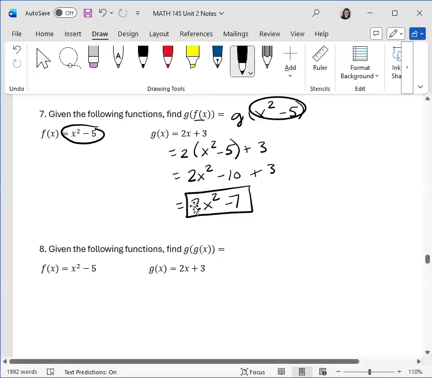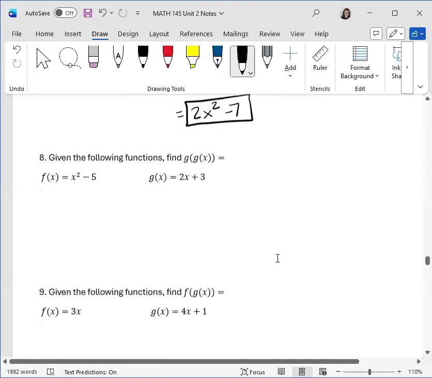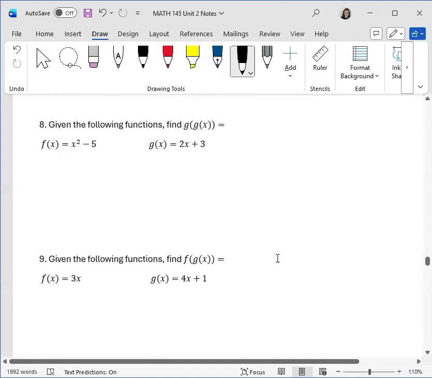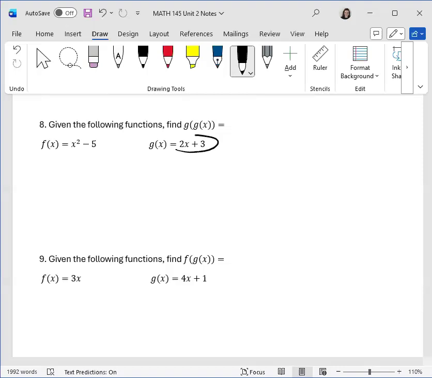All right, number 8, again, substituting g of x's expression first. g of x's expression is 2x plus 3. So substituting that for those inside parentheses would leave me g of 2x plus 3. Now it's asking me to substitute this expression 2x plus 3 back into g's function.